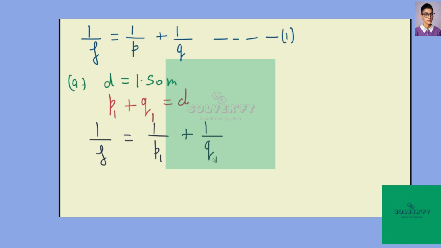Now, we can write this as 1 divided by F equal to 1 divided by P1 plus 1 divided by D minus P1.